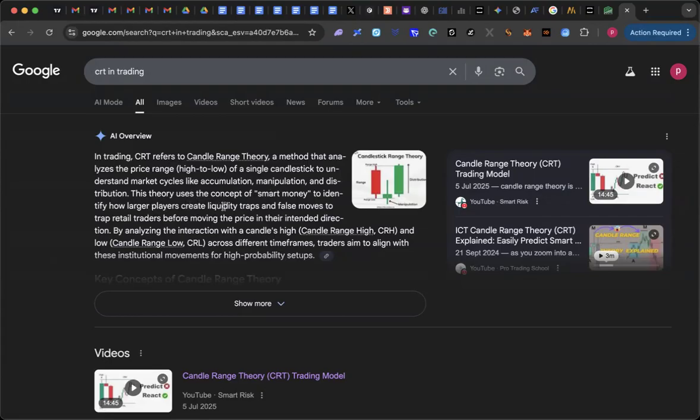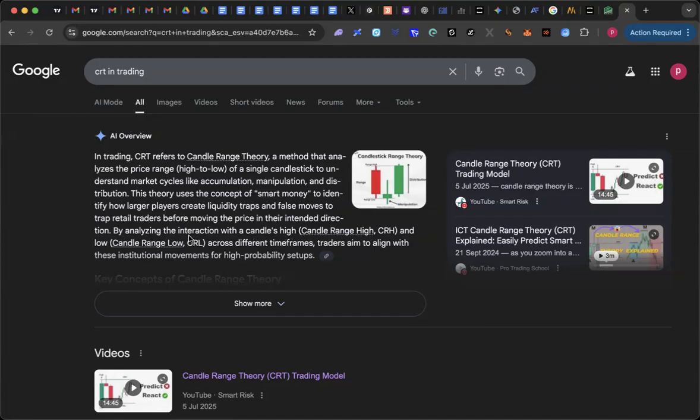This theory uses the concept of smart money to identify how larger players create liquidity traps and force moves to trap retail traders before moving the price in their intended direction.